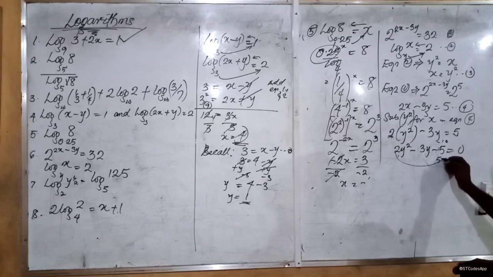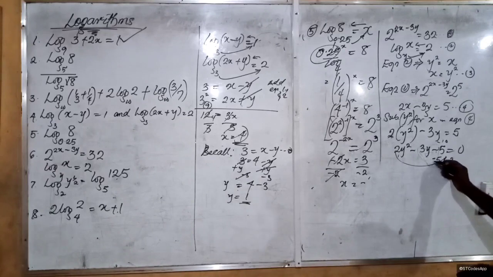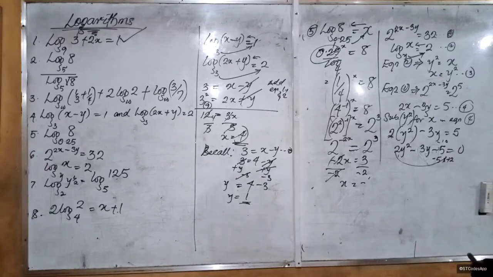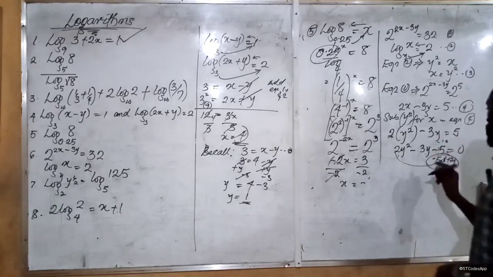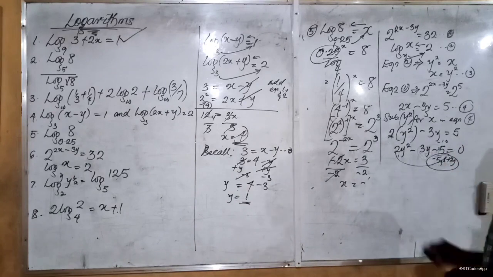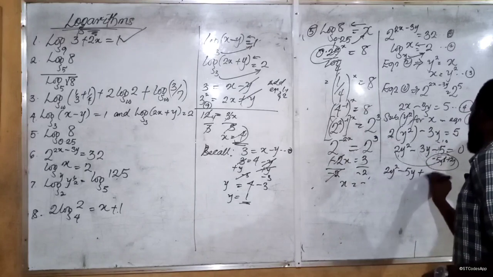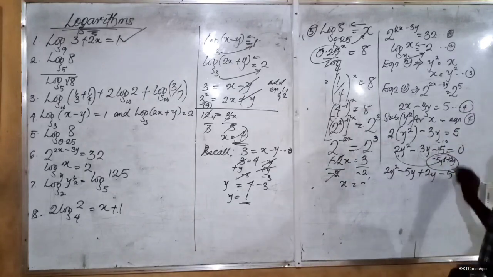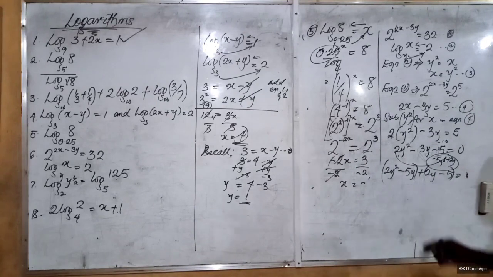So the factors of minus 10 will be minus 5 and plus 2. If you resolve it, you are going to get minus 3. And so it can be used to substitute this term. So we have 2y squared minus 5y plus 2y minus 5 is equal to 0. So we can now factorize.